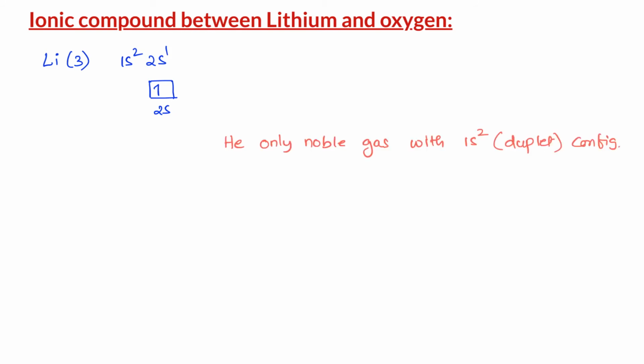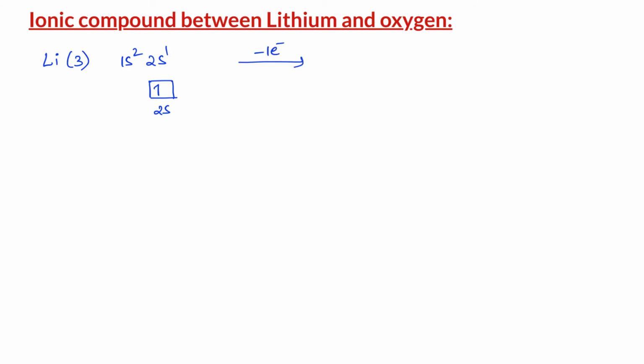Helium is the only noble gas that does not have an octet configuration. Instead, it has a duplet configuration, which is also exceptionally stable. Therefore, lithium loses one electron and forms a monopositive cation.